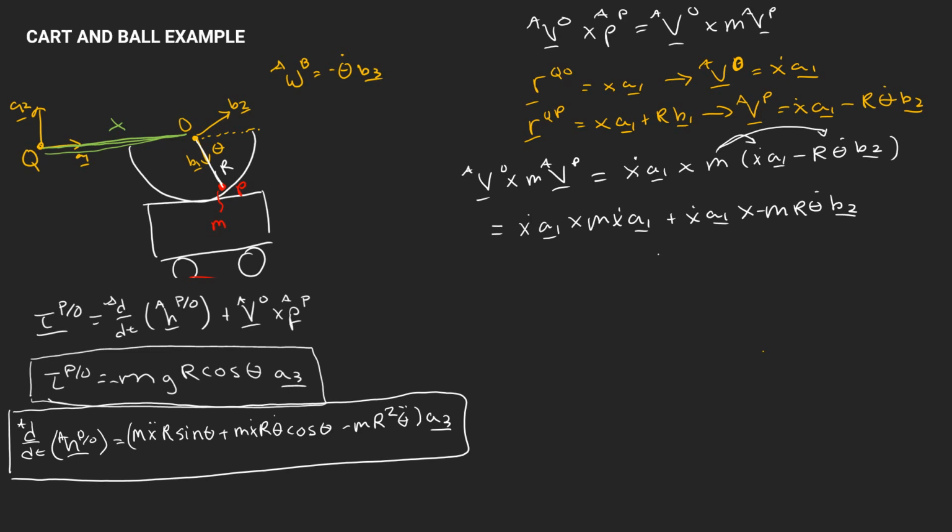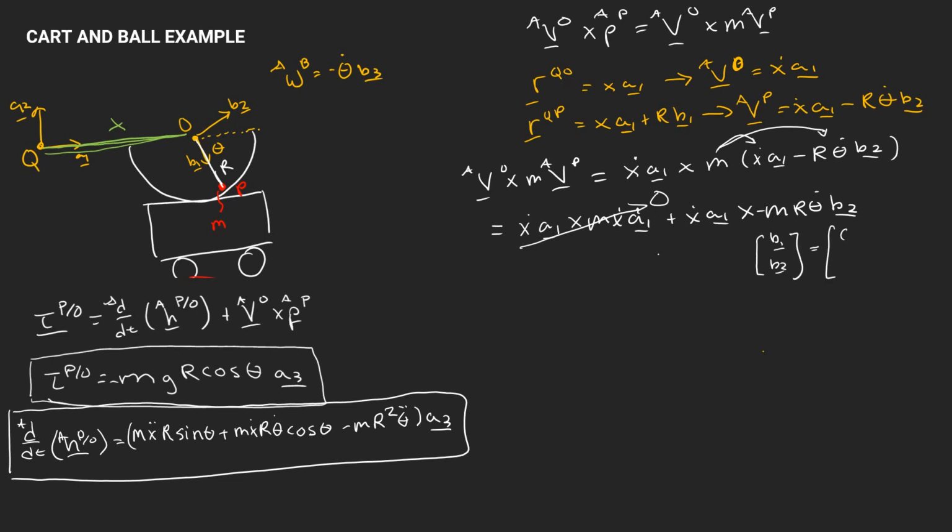We have this a1 crossed with a1 term, which goes to 0. Then we have an a1 crossed with a b2 term, so we have to transform b2 and write that in terms of a1 and a2. Again, we refer back to this relationship here.